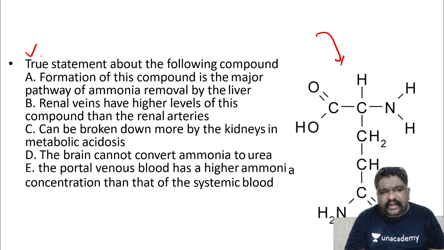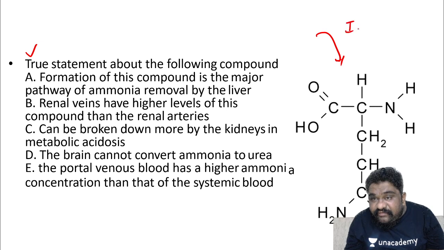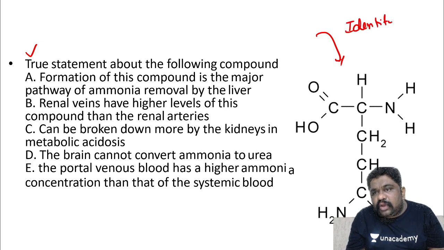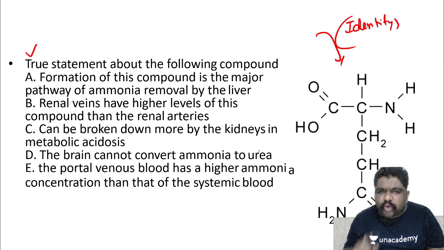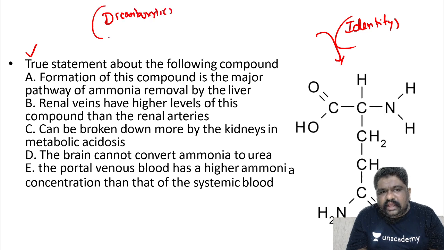Before we think about whether any statement is true or false, what is the first necessity here? To identify the structure given here. Let me take a minute to help you understand the structure. First, we'll try to draw the structure of a dicarboxylic acid. A dicarboxylic acid is an acid that contains two COOH groups.